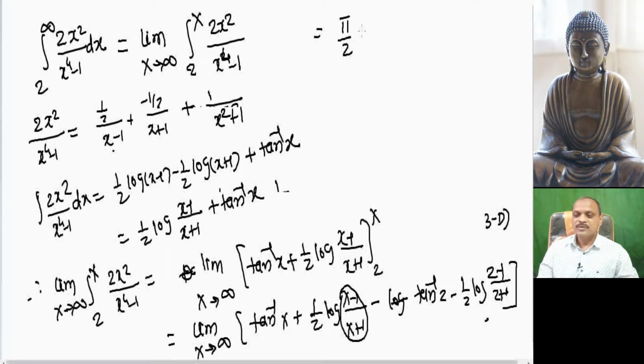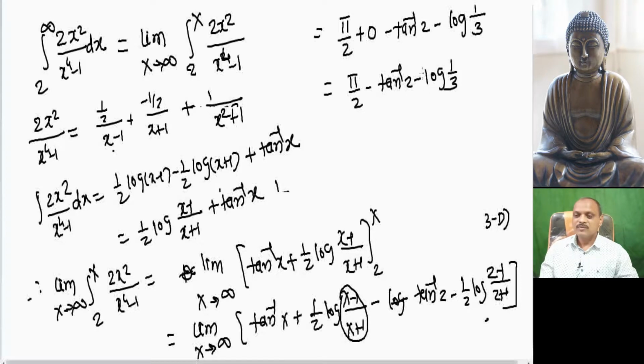Therefore we have 0 minus tan inverse of 2 and minus log of 1 divided by 3. So pi divided by 2 minus tan inverse of 2 minus log of 1 by 3. This is the value of this improper integration, and it is finite.